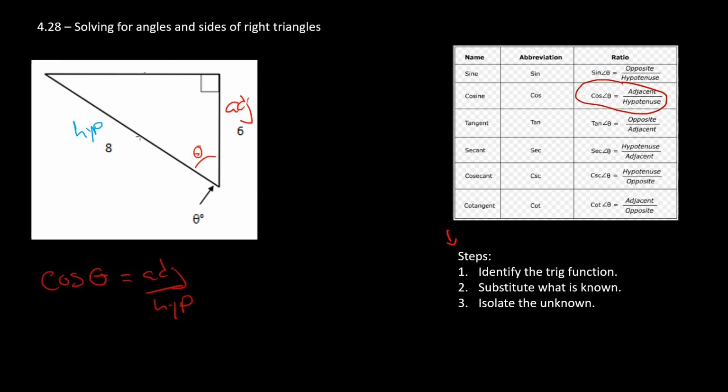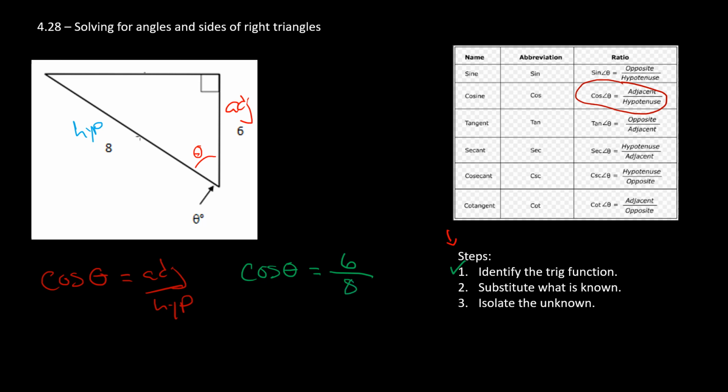All right. So with cosine theta being equal to adjacent over hypotenuse, we start filling in what we know. So we know cosine theta, what we're going to be solving for, is equal to adjacent, in this case 6, over our hypotenuse, which is 8.